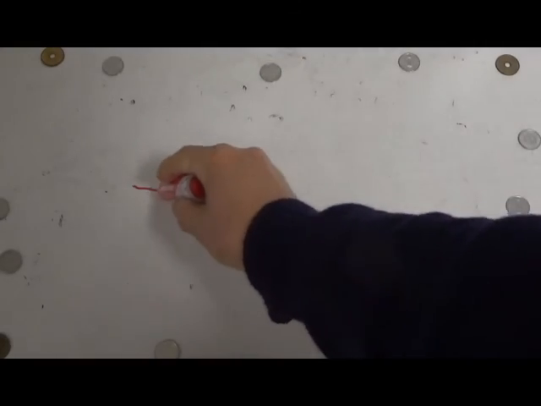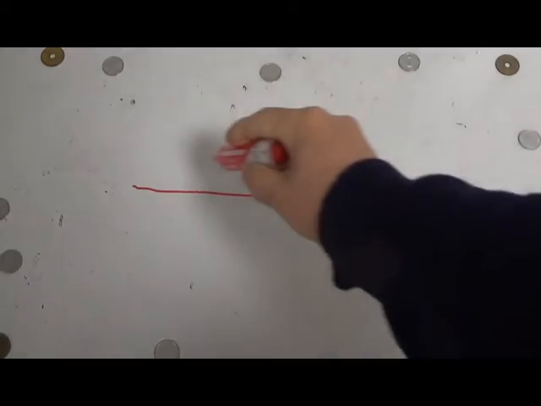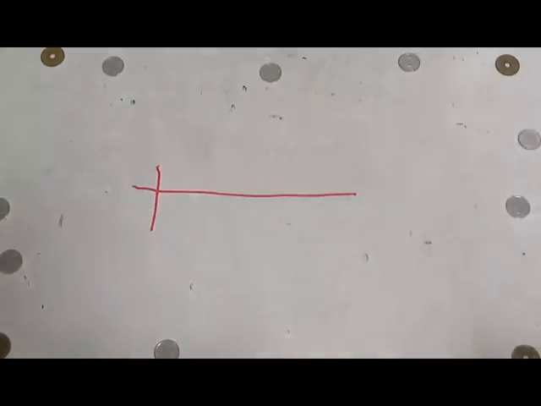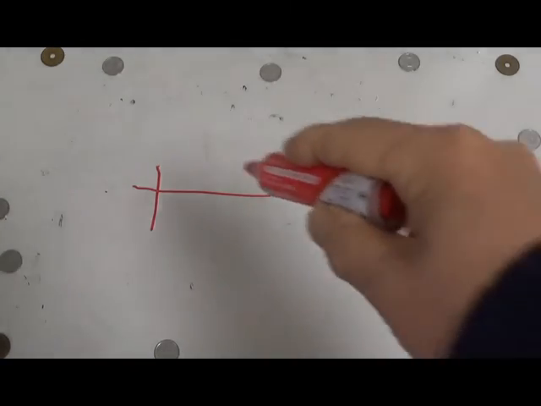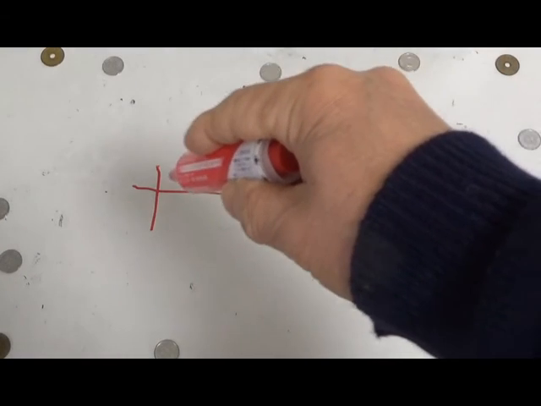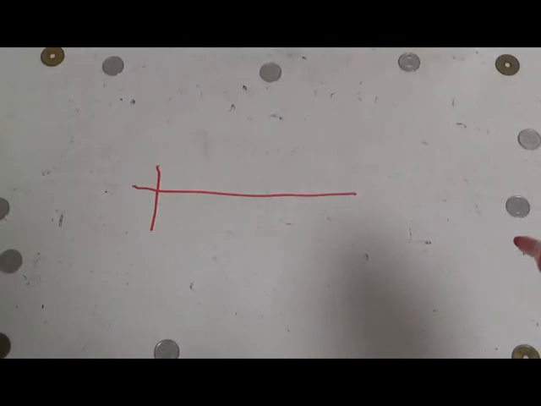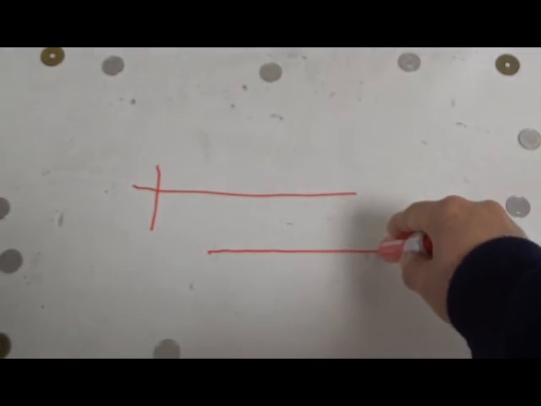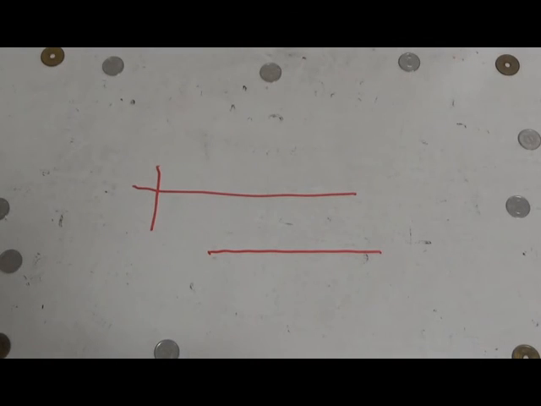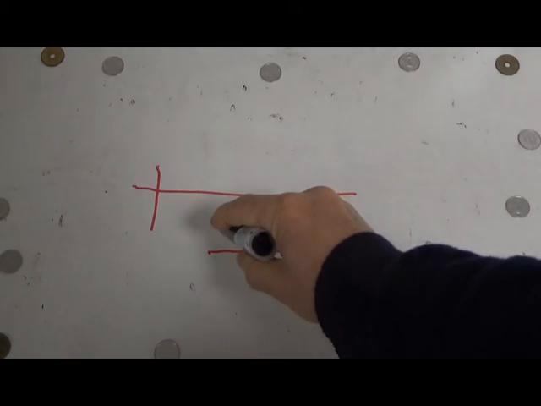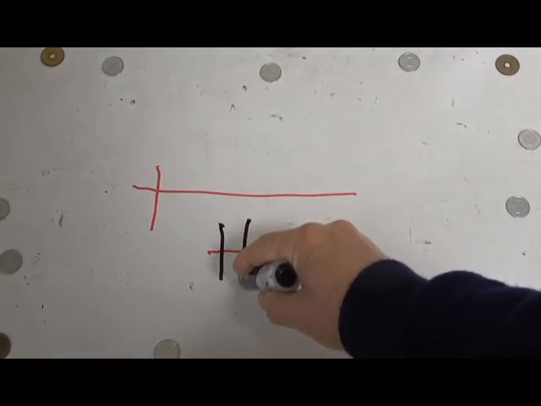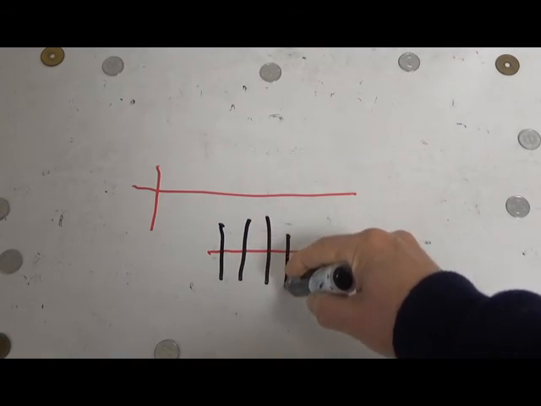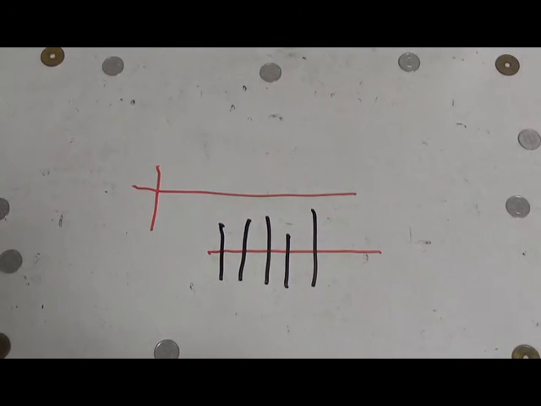Then consider what happens to this one. 5 multiplied by 5. How do you count the result? You should not write this one. You can write one line, 1, 2, 3, 4, 5.